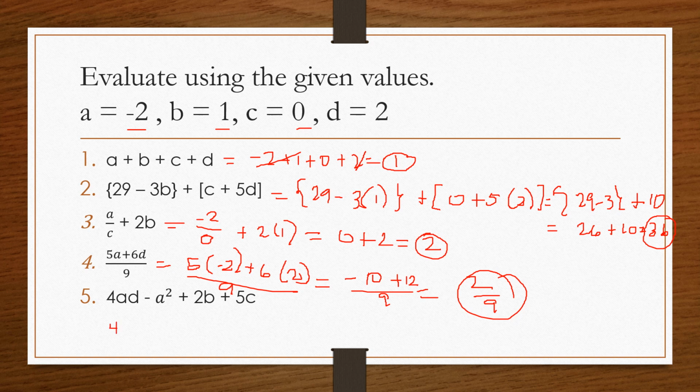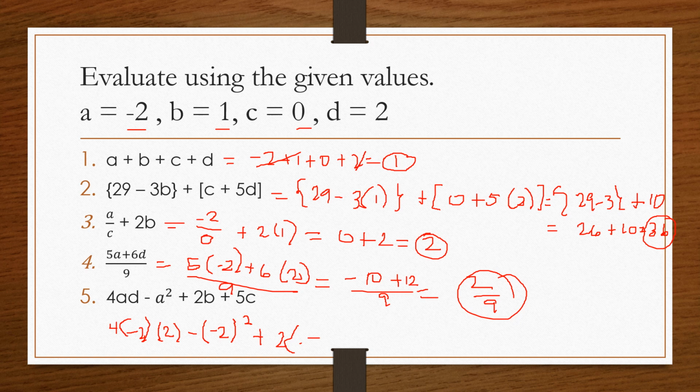So we have 4 times negative 2 times 2, minus negative 2 squared, plus 2 times negative 2, no?